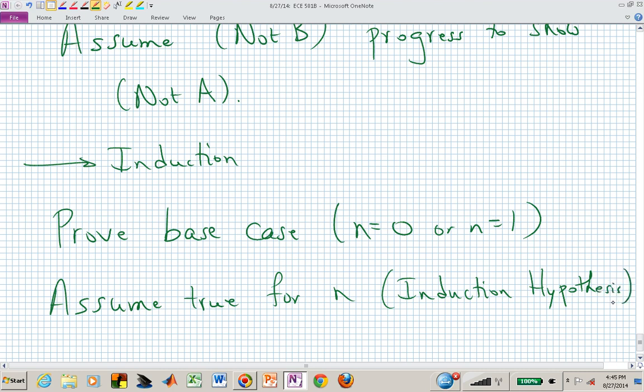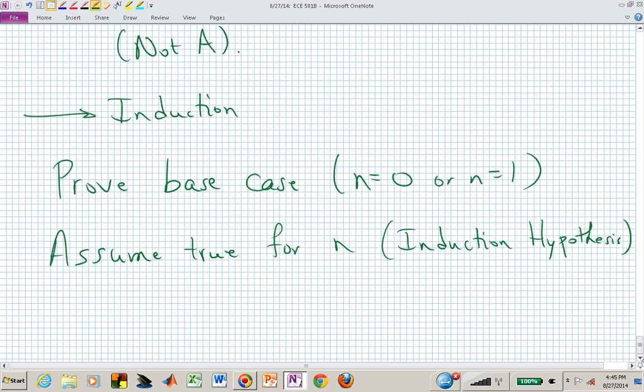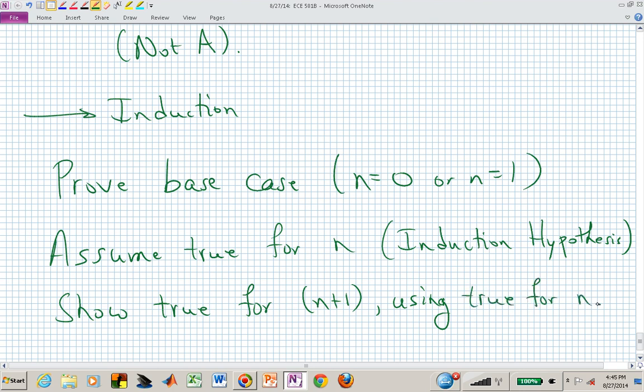So you assume that it's true for n, and then you show that this relationship is true for n plus 1, where you're relying on the fact that it's true for n.